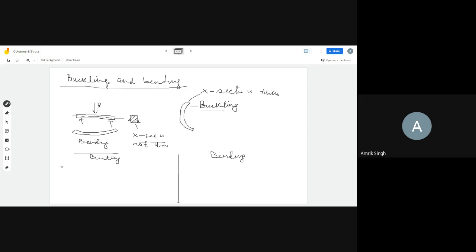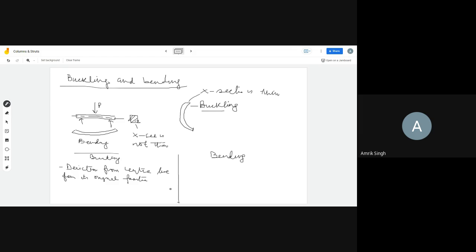So buckling is a deviation from the central line. Okay? Deviation from the central line from its original position.